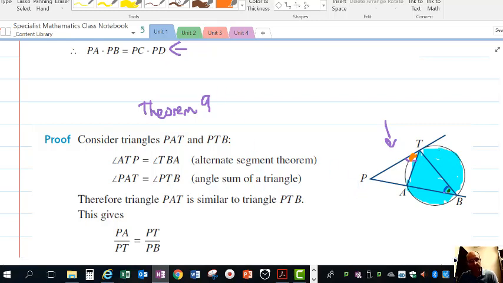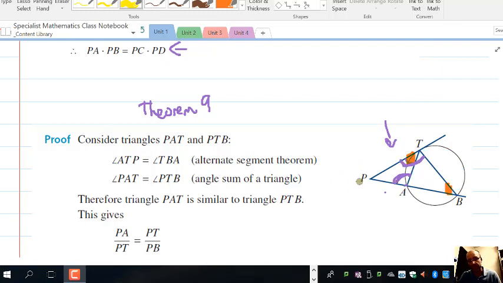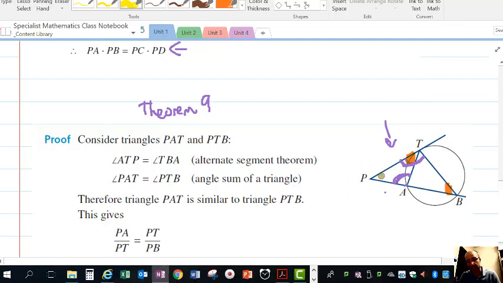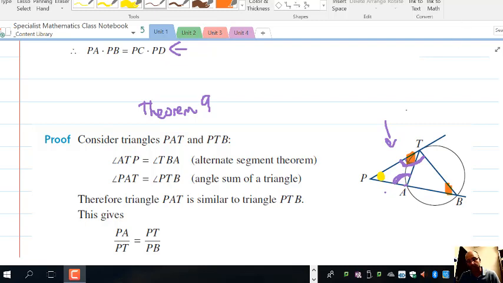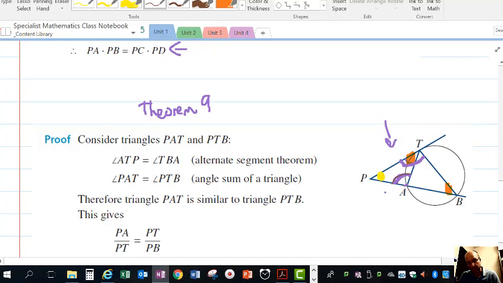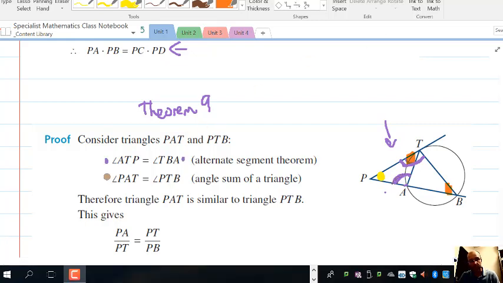PAT equals PTB. Let's have a look at that. PAT, that one, equals PTB. Let's tidy that up. PAT equals PTB because this is a common angle here, and if you think about it and have a look at the color coding I've put in there, if I go in reference to colors, we've got the purple here, or rather I should start with the orange, we did that one first.